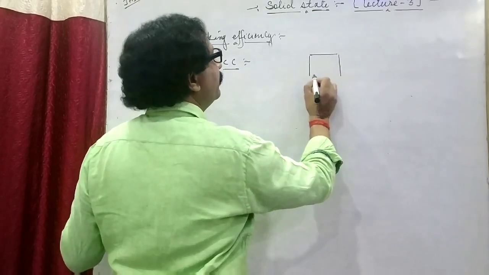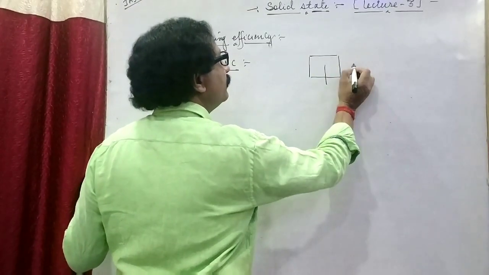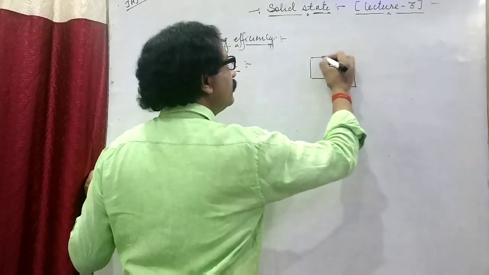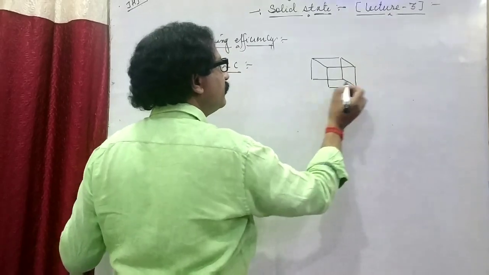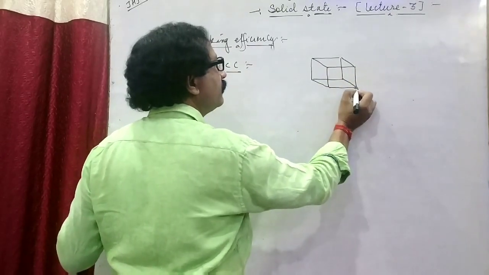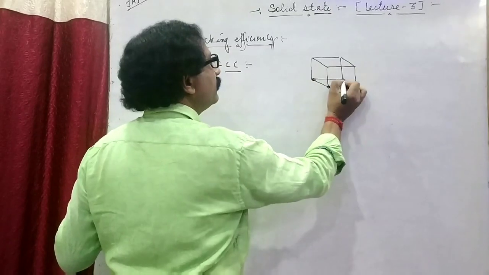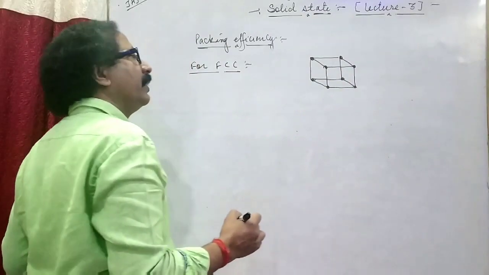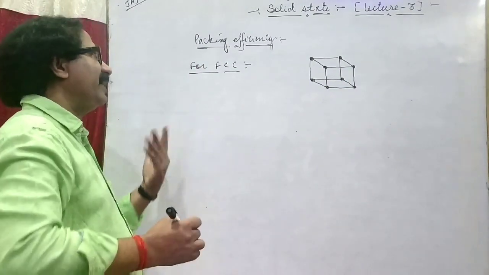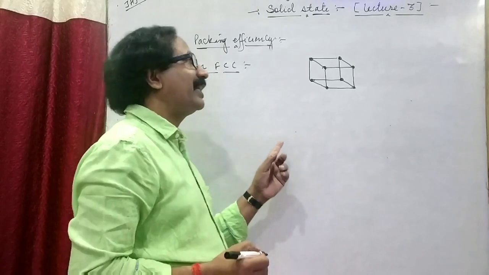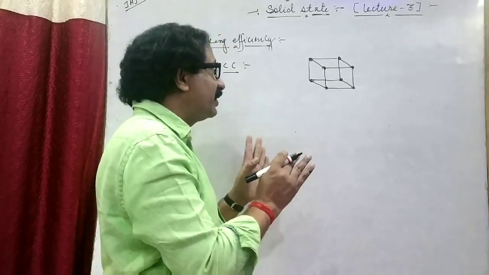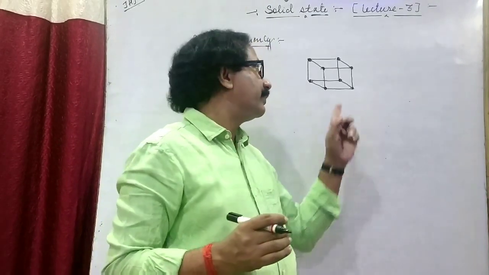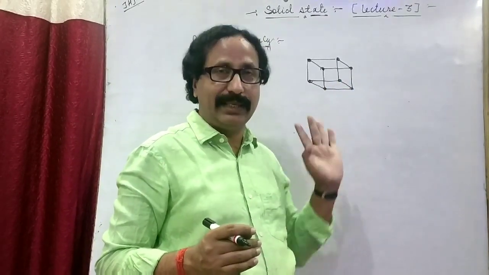According to the diagram, you know what the FCC is? That unit cell in which the points are present not only at the corners but also at the center of each face of this unit cell.